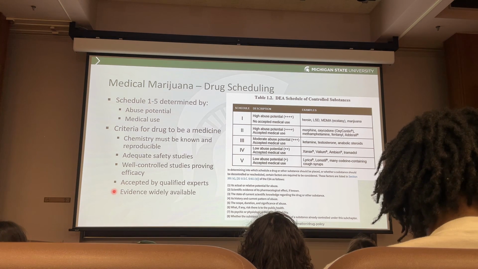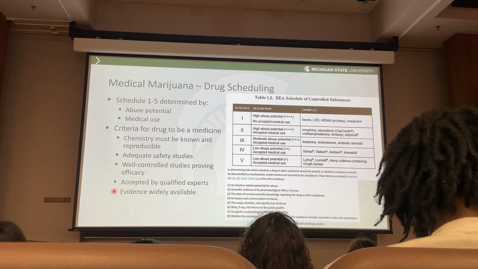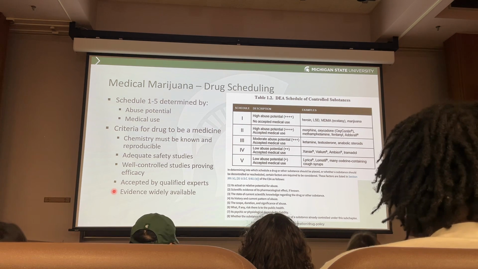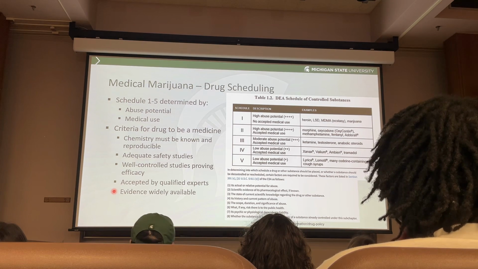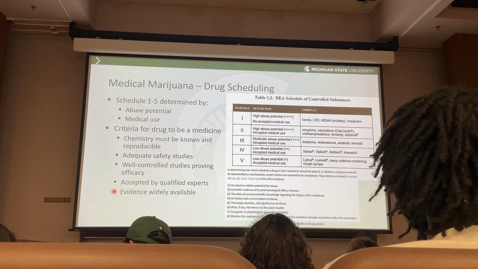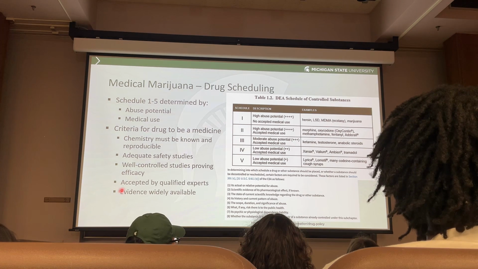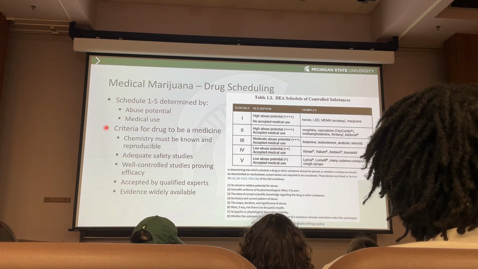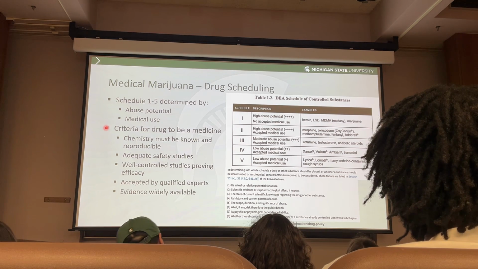So same thing, you publish your findings from your clinical trials, you let everybody take a look at it, an open book with your data and show that this drug has the intended use and is safe, etc., etc. But these are the criteria that DEA and FDA use for approving drugs for medicine.